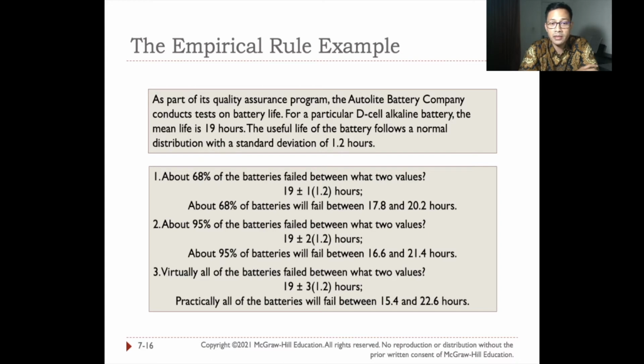So 95% of the distribution is going to fall within 19 plus minus 2 standard deviations. And so in this particular case, 95% of batteries will fall between 16.6 and 21.4 hours. You can verify independently the third one, which is all batteries failed between what two values. Okay.